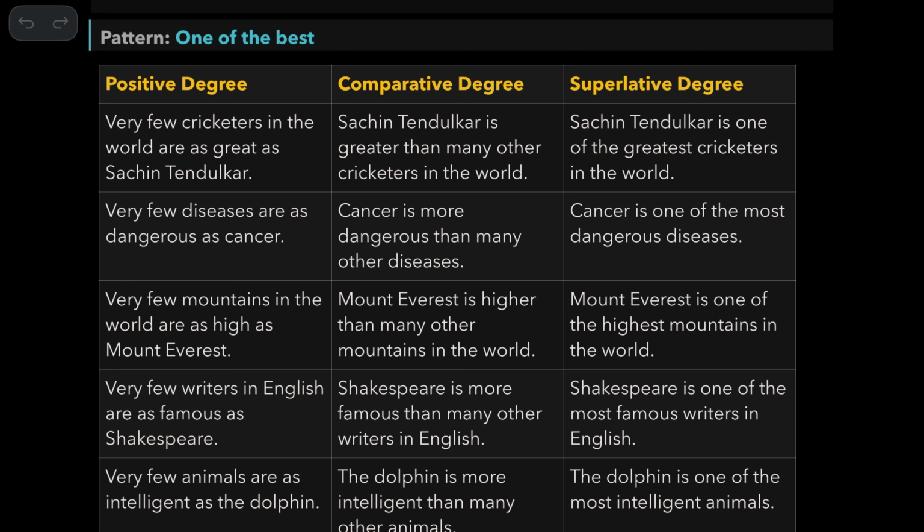Now here, greater than many other is a common expression, I mean, the comparative degree followed by than many other. See, more dangerous than many other, higher than many other, more famous than many other, and more intelligent than many other. So let's see this.